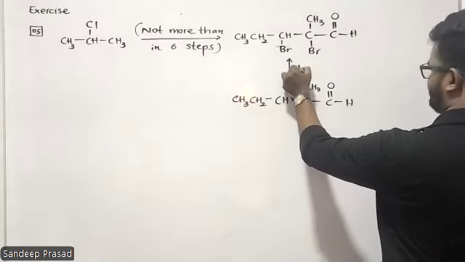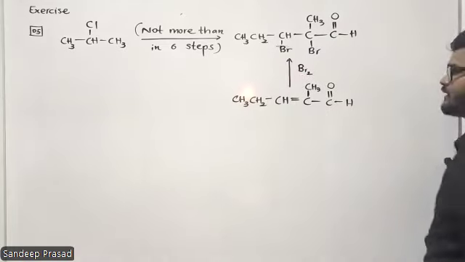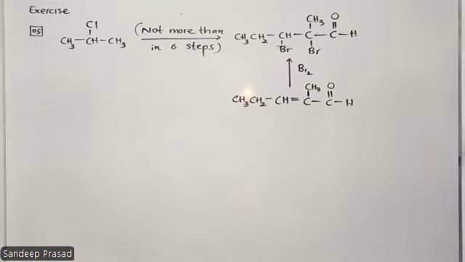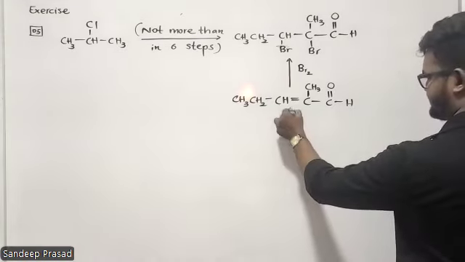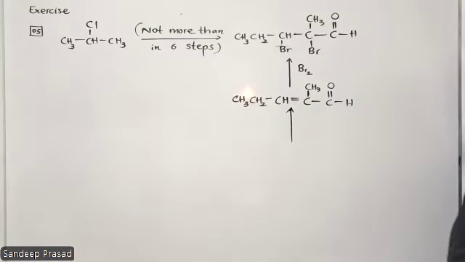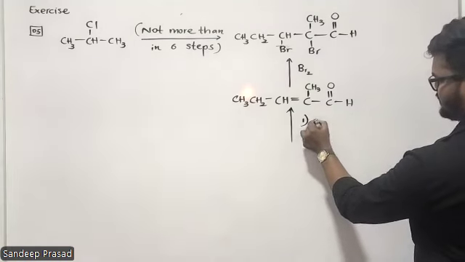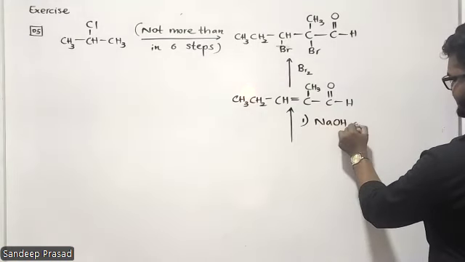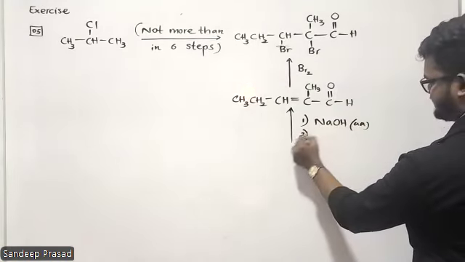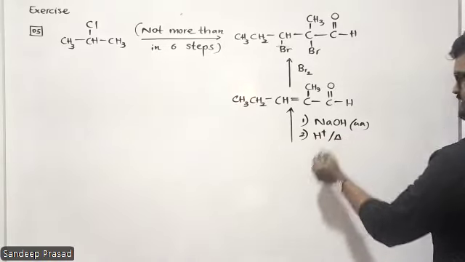And Br2 is added. Okay. And you can decide the previous step also. Why? Aldol condensation. And then the second step is H plus and heat.